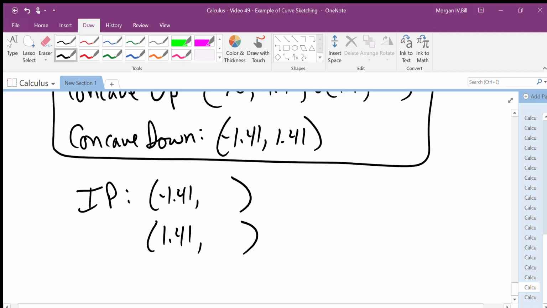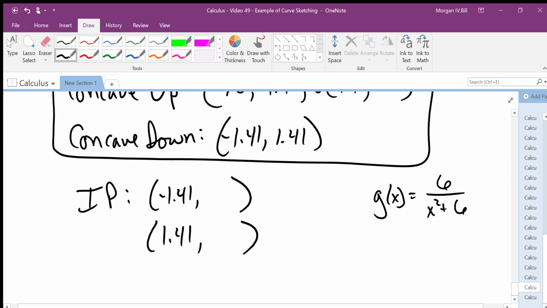How do you find the y value? We go back to the original function, f of x, nope, not f, g of x is equal to, I believe it was 6 over x squared plus 6. So we're going to plug these numbers in. Remember, this is actually square root of 2 and negative square root of 2.